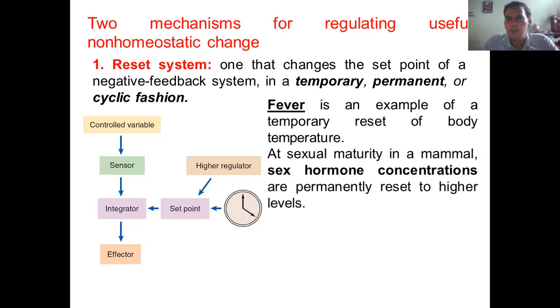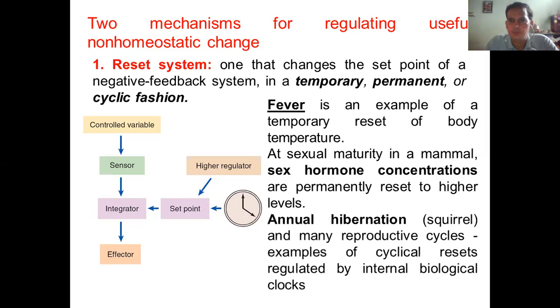Another could be the increase in sex hormone concentration in mammals. At the age of maturity, this hormone level is quite high as compared to infancy or the childhood stage. So at maturity, that reset is permanent, and now it will have a high level of those hormones.